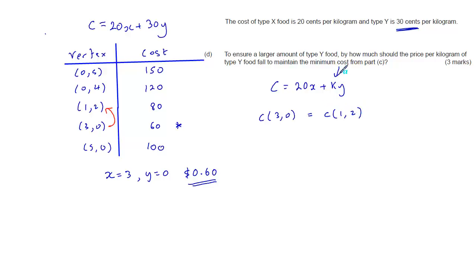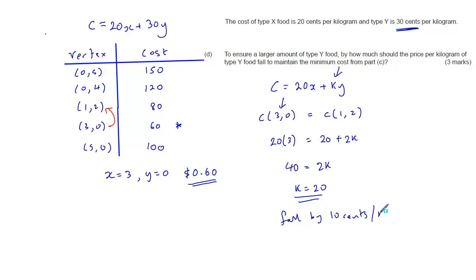Note the change in the cost here won't change this one because there is no y here. So we've got 20 times 3 equals 20 plus 2k. So 40 equals 2k. So k is equal to 20. So it needs to fall by 10 cents per kilogram.